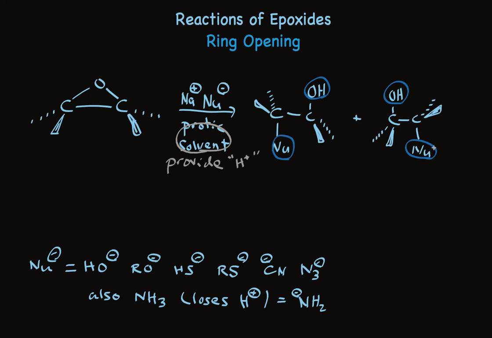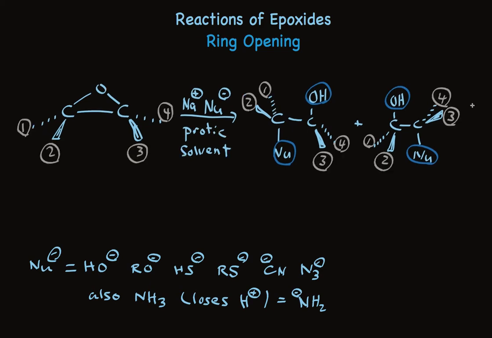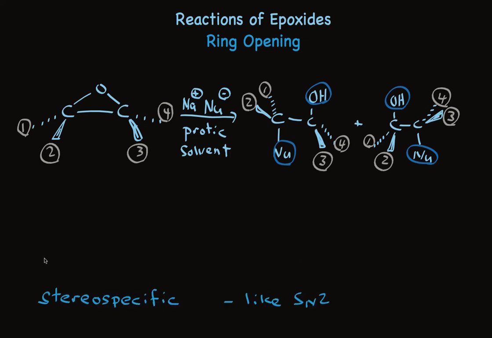The second thing we need to point out is the stereochemistry of ring opening. If we number substituents on this epoxide, we'll see that 1 and 4 are back in the starting material, and 1 and 4 are always back in the product. 2 and 3 are toward us in the starting material and are toward us in the products. This fits our definition of stereospecific.